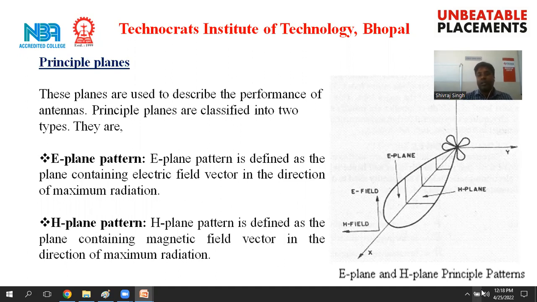In this diagram of the radiation pattern, the vertical line represents the E-plane pattern and the horizontal line represents the H-plane pattern.